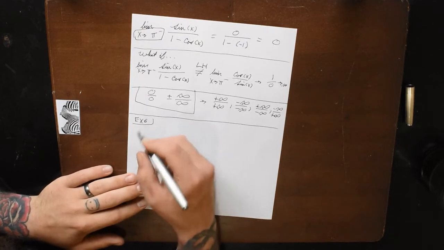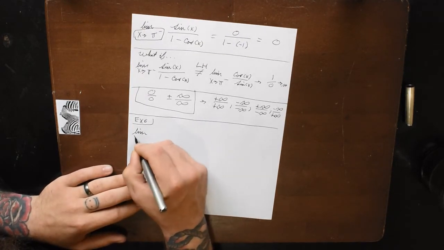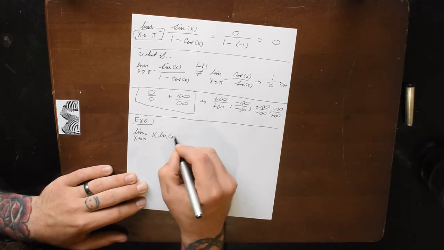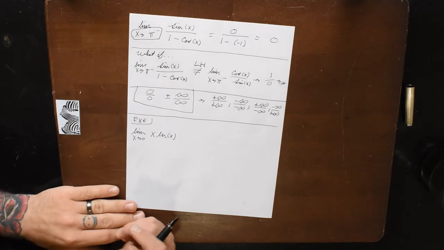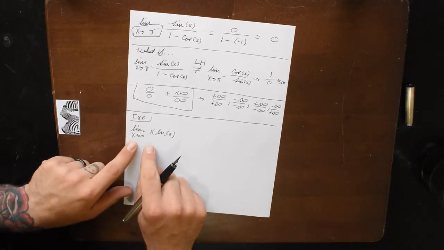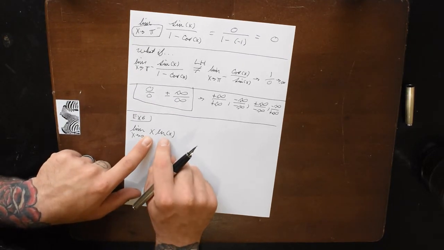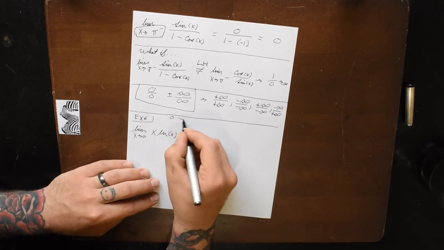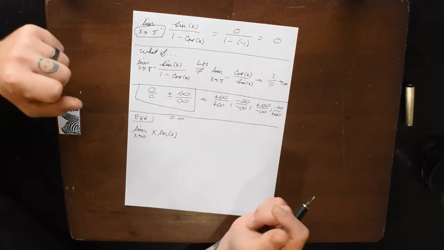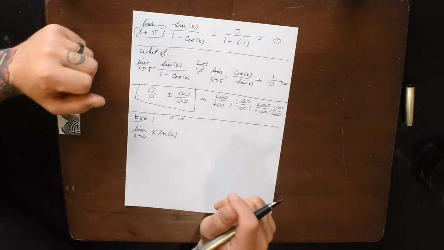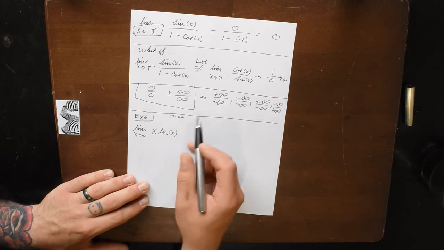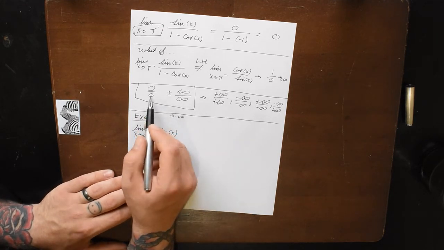For example 6, we want to evaluate the limit as x goes off to 0 of x times the natural log of x. And if we immediately try to apply this rule, we get a 0 times a negative infinity. That's any sort of 0 times an infinity is another one of our indeterminate forms. We're going to talk about them more in a little bit. But what L'Hopital's rule says is we need to have something divided by something else.